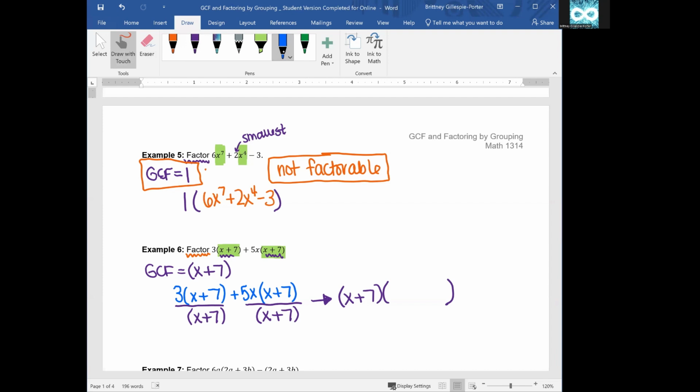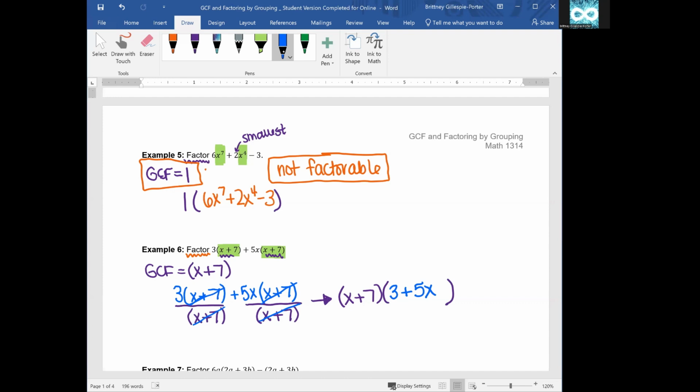Looking at our first one, the x plus 7s cancel each other out, which leaves us with 3 plus 5x times our x plus 7 all over that same parenthesis. The x plus 7s cancel again, which means I'm left with 5x. I can't combine my 3 and 5x because they're not like terms.